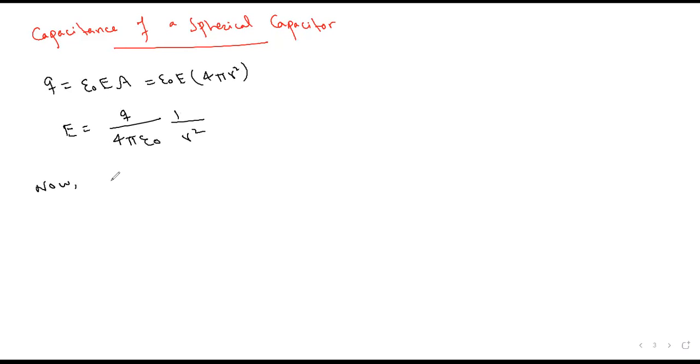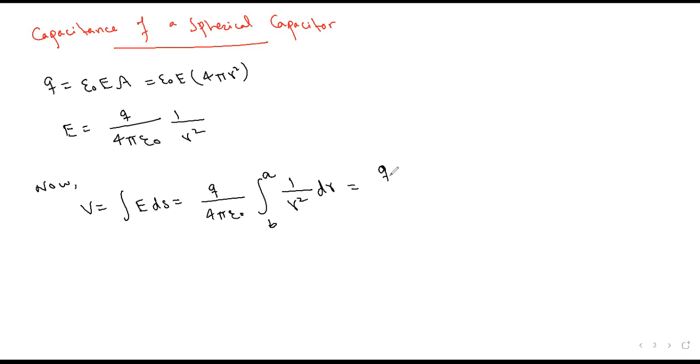Now we know what we have to do. So again, V is equal to integral of E dS. Let's keep all the constants out of this integration, and we have to integrate 1 over r square with respect to dr.